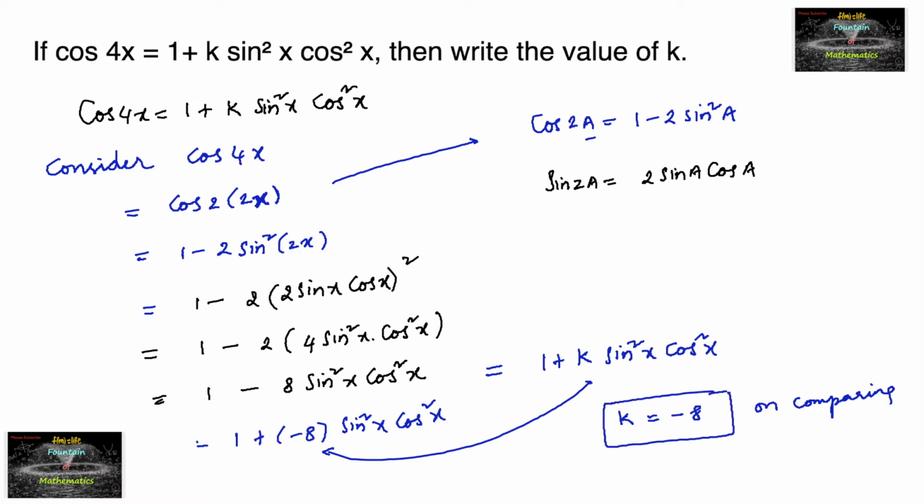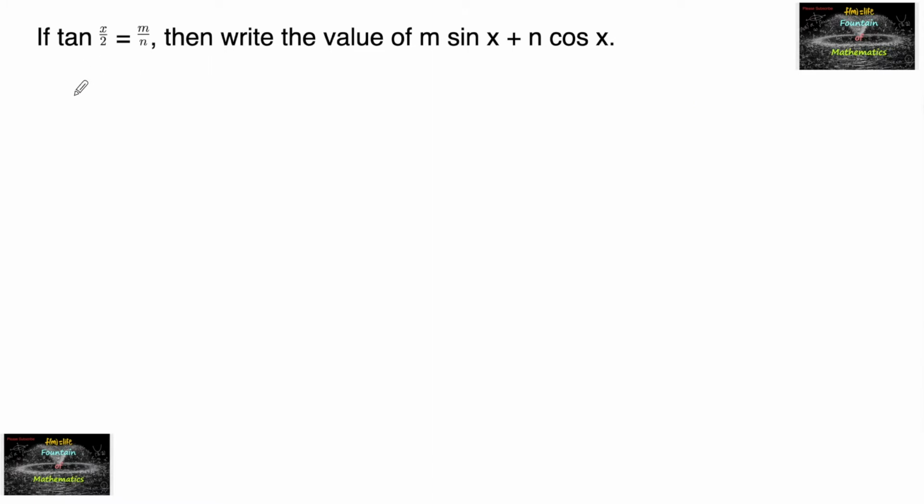Okay, thank you. Given if tan x by 2 is equal to m upon n, then write the value of m times sin x plus n times cos x.